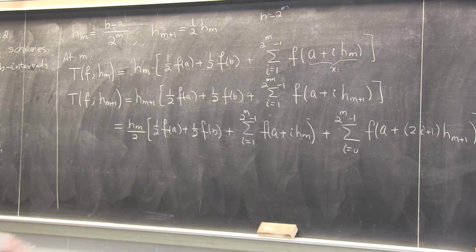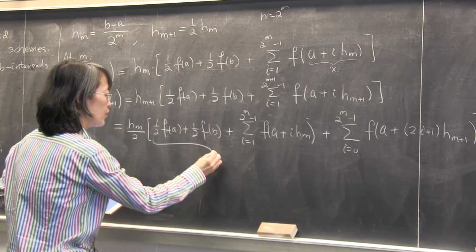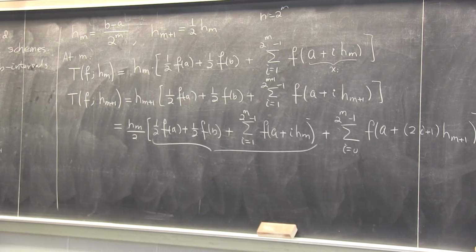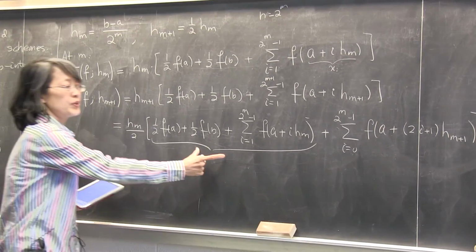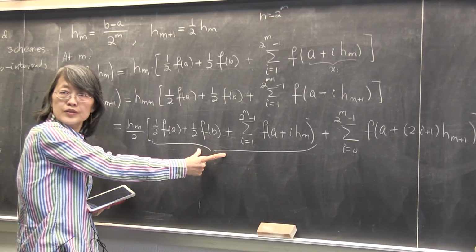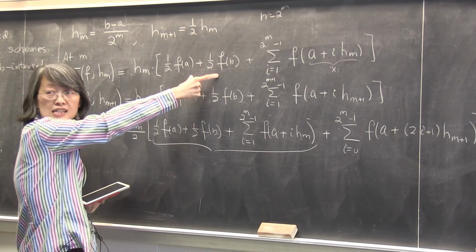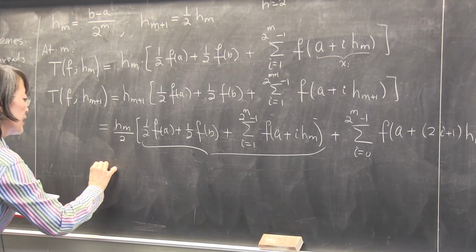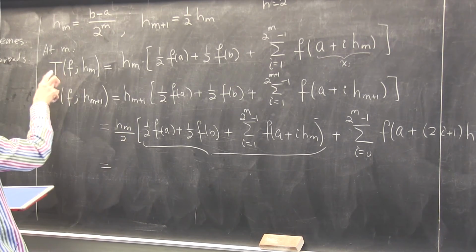Okay. So now we see, let's look at all these terms here. So provided T f at hm is already computed, do I need to recompute this part? No, it's here, isn't it? It's in the bracket, right? So multiply by hm, that's exactly this guy.